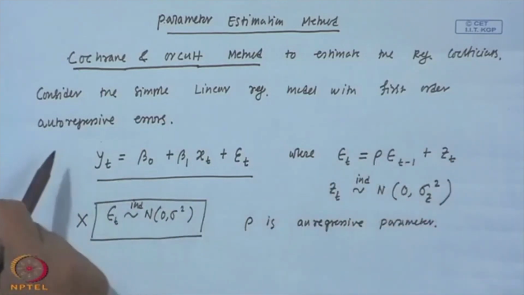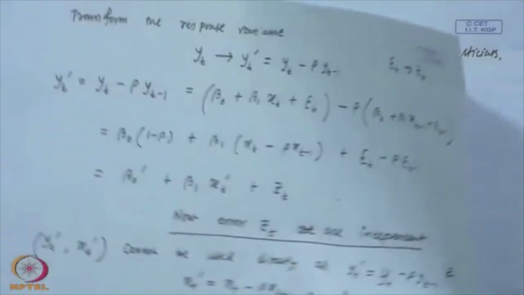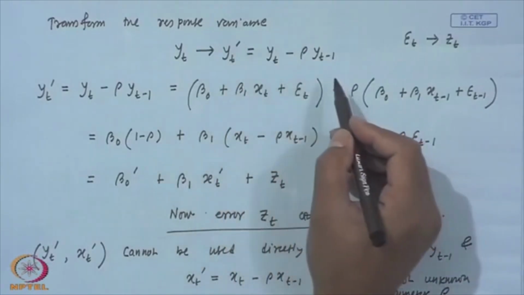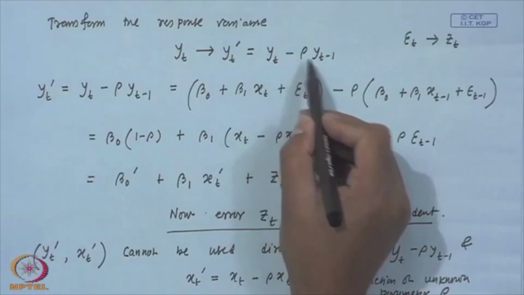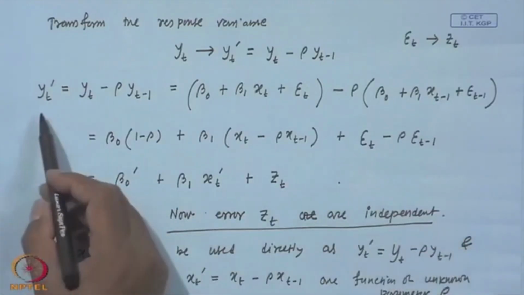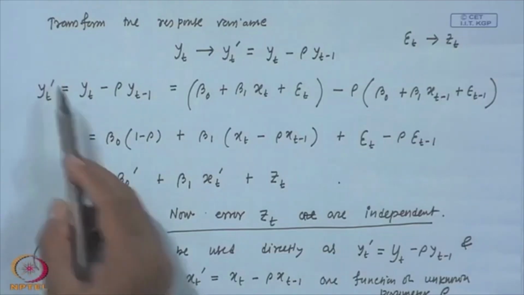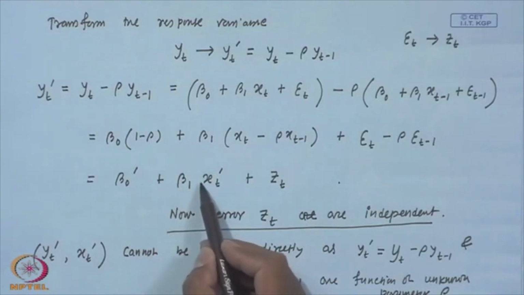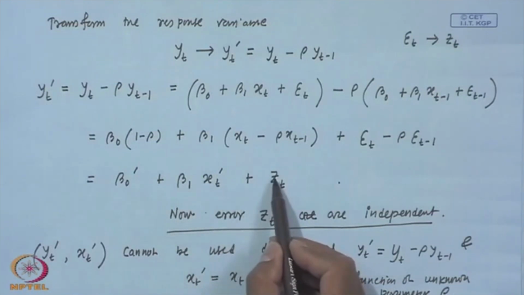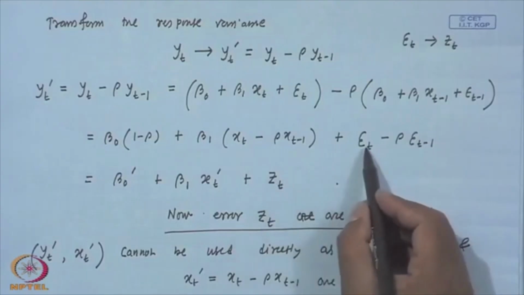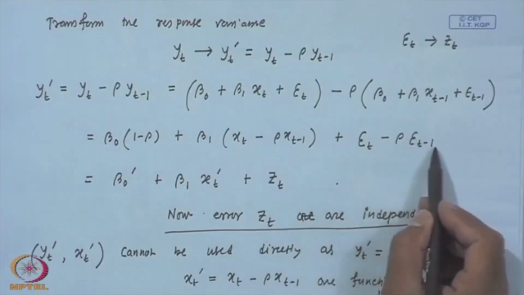they have the first order autoregressive error. And what we did there is that we transform y t to y t prime, which is equal to y t minus rho y t minus 1, and we can finally check that this y t prime is equal to beta naught prime plus beta 1 x t prime plus z t, where z t is equal to epsilon t minus rho epsilon t minus 1.